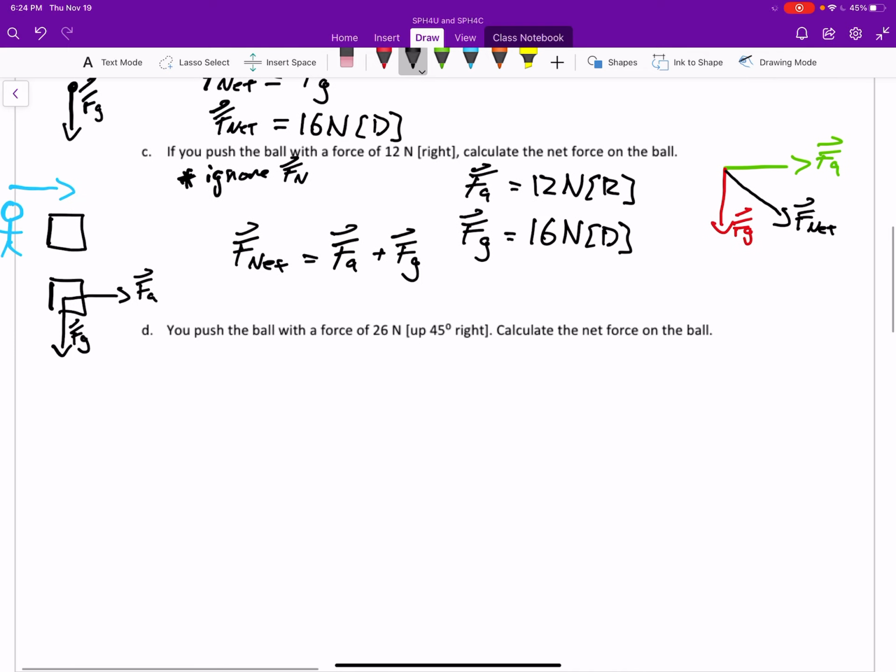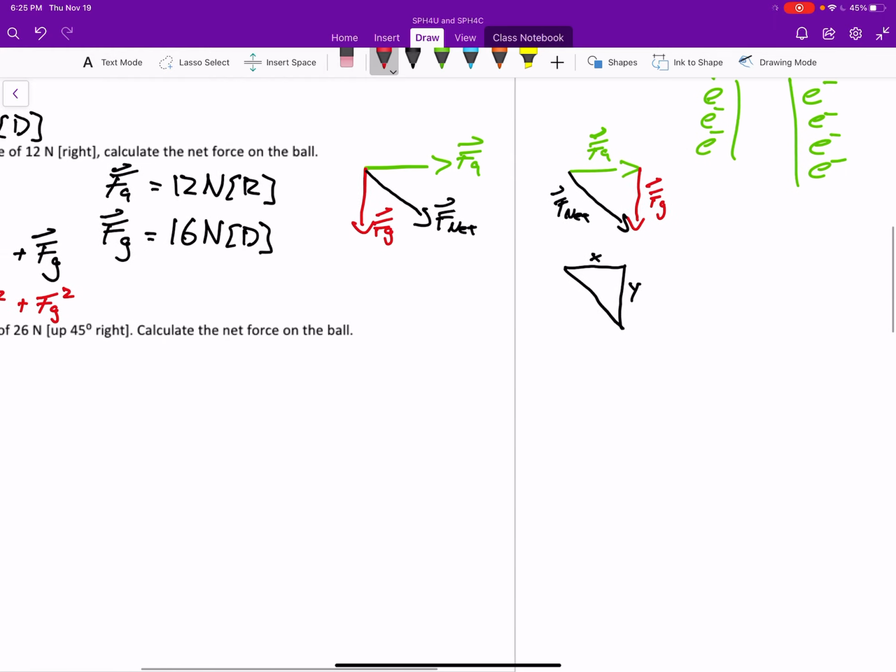So we can say that the net force, I'll do it in a different color so it stands out. So the net force squared will be equal to the magnitude of A, the applied force squared, as well as the force of gravity squared, right? Just from Pythagorean theorem from our triangle.